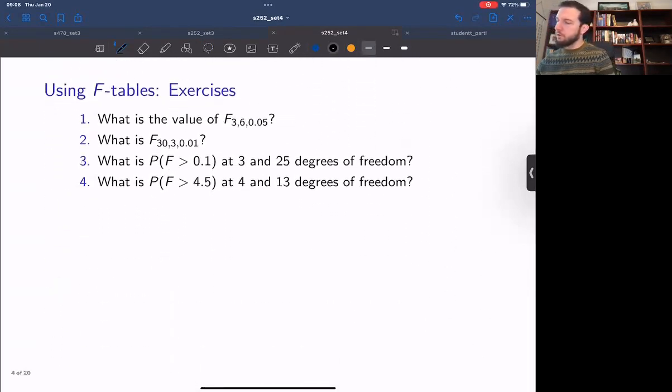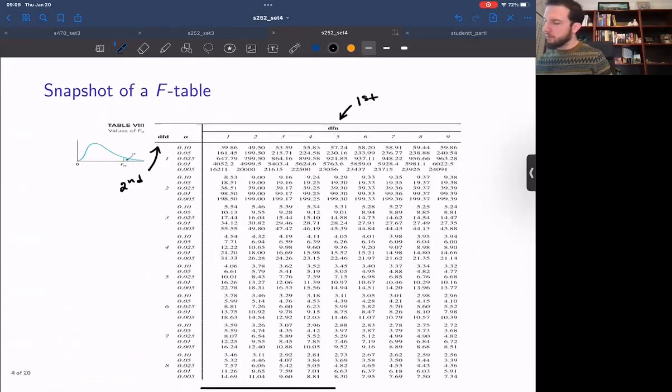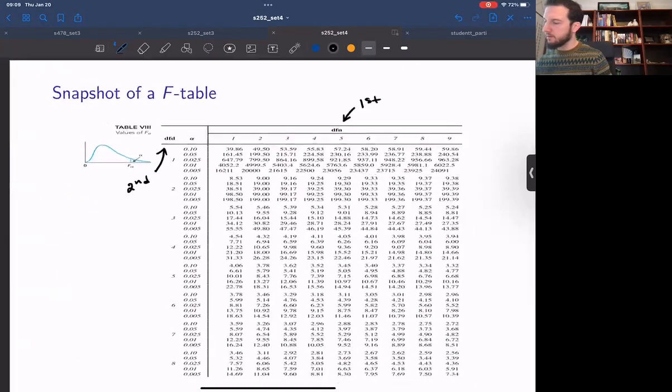All right, so question 1. What is the value of F 3,6, 0.05? Let's use this table above to illustrate this.